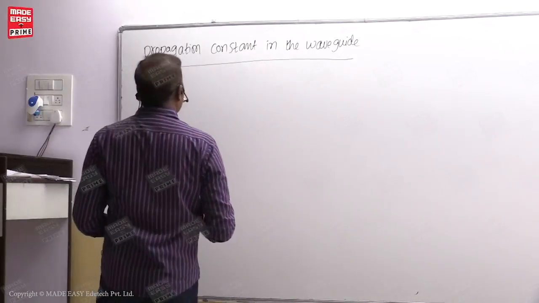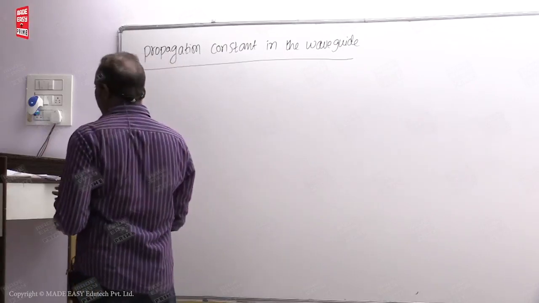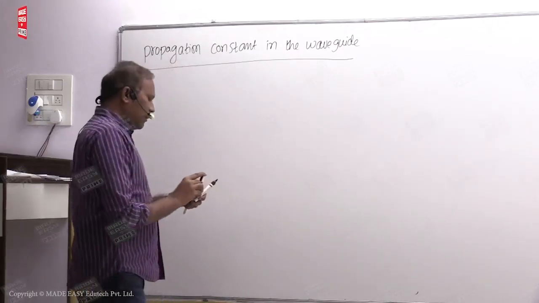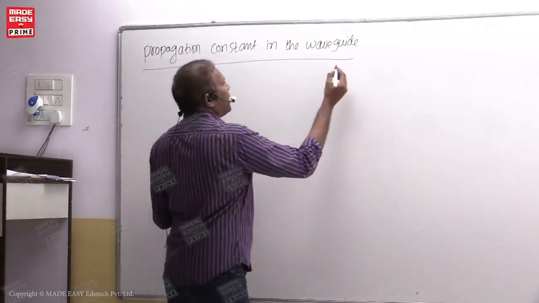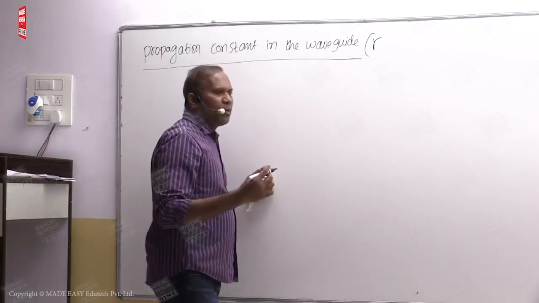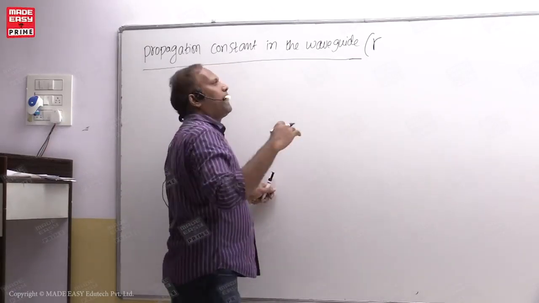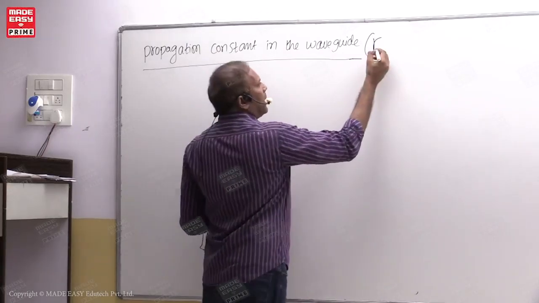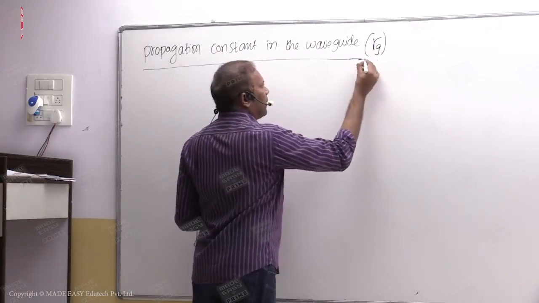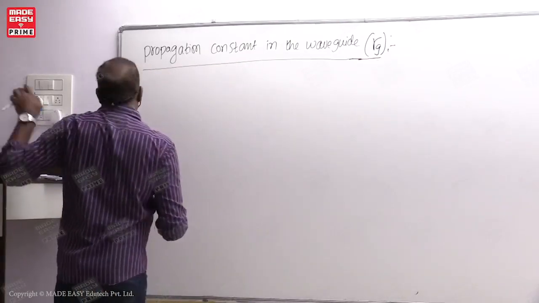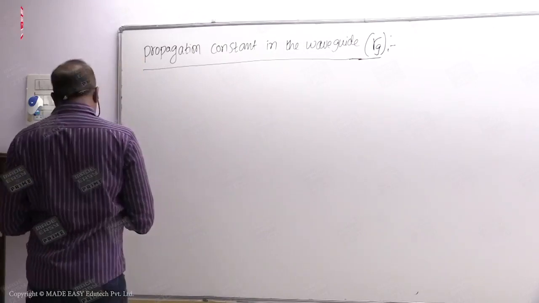So the propagation constant in the waveguide is gamma actually. In a uniform plane wave it is called gamma, but in a waveguide, since it is guided, it is called gamma g. Okay, gamma g. Now one by one let us discuss.